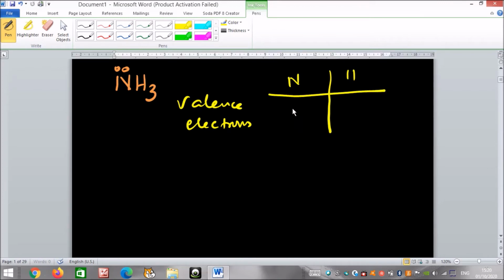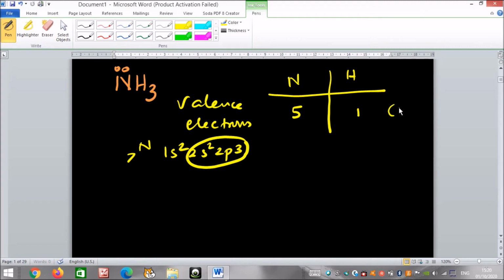Nitrogen has 5 valence electrons. You know that the atomic number of nitrogen is 7, its configuration is 1s2, 2s2, 2p3. There are 5 electrons. And hydrogen has a single electron in the valence shell.